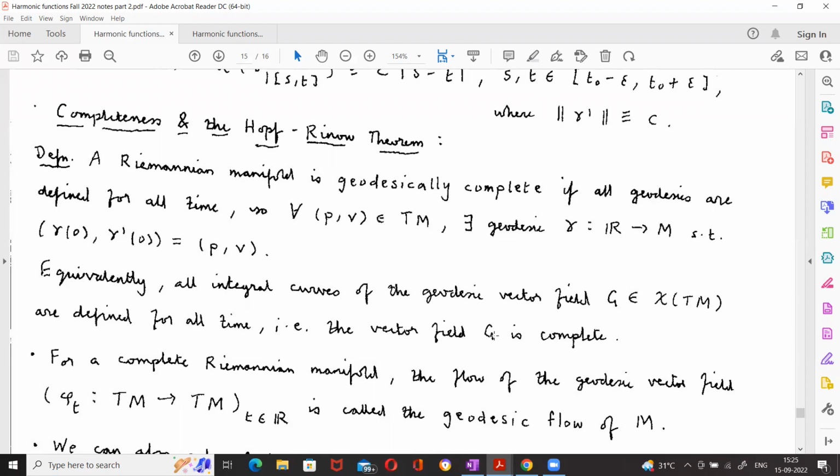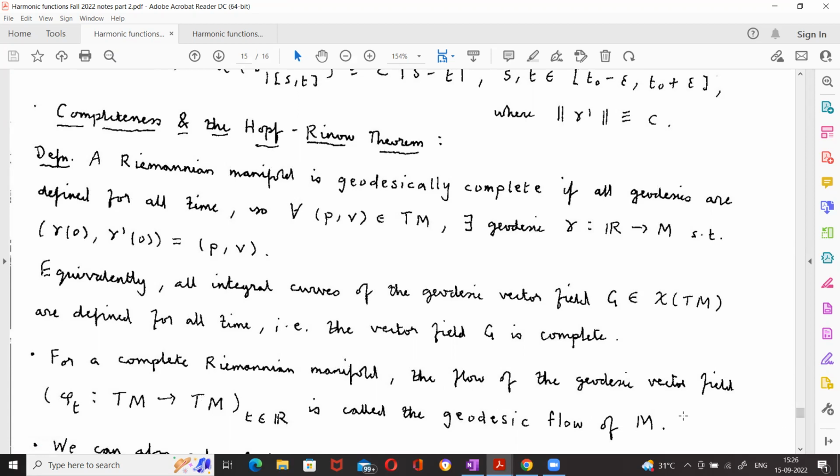So for a complete Riemannian manifold, the flow of the geodesic vector field is defined on the whole of the tangent bundle for all time. This is a flow on the tangent bundle, called the geodesic flow of M.